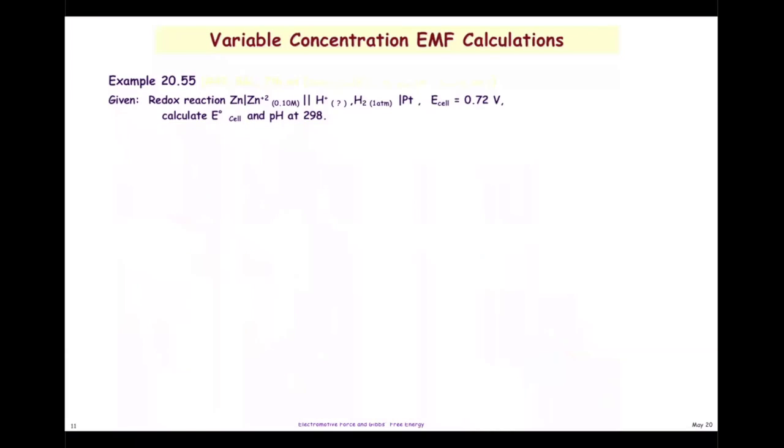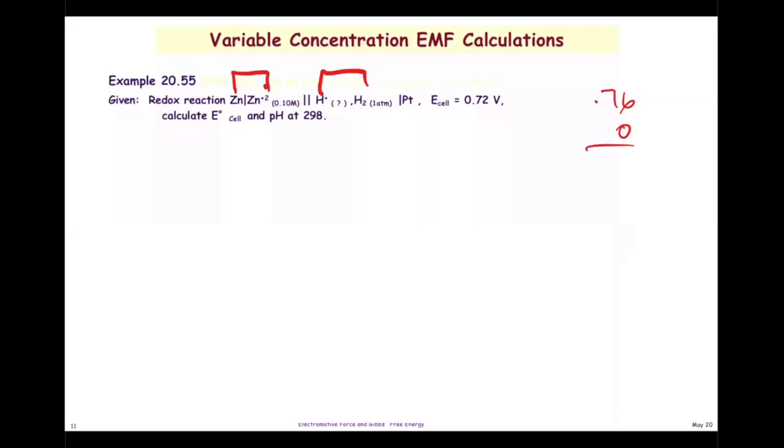This problem right here is an interesting one. Okay, I've got about 10 minutes to explain this. So it's the same problem as before, except it's a little bit different. We still have the zinc as an oxidation, so that's 0.76. And then we have hydrogen, and we know hydrogen is 0, whether it's oxidation or reduction.